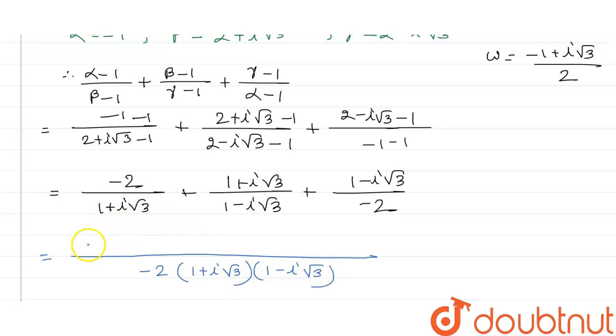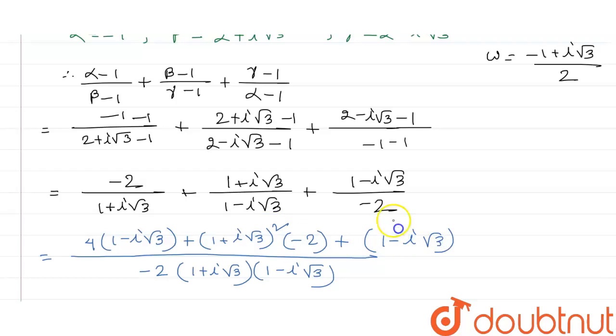Here is minus 2 into minus 2, that means 4 into (1 minus i root 3) square, plus (1 plus i root 3) square into minus 2, plus (1 minus i root 3) into minus 2. Here we multiply (1 minus i root 3) by this and this factor, so this is square into (1 plus i root 3).